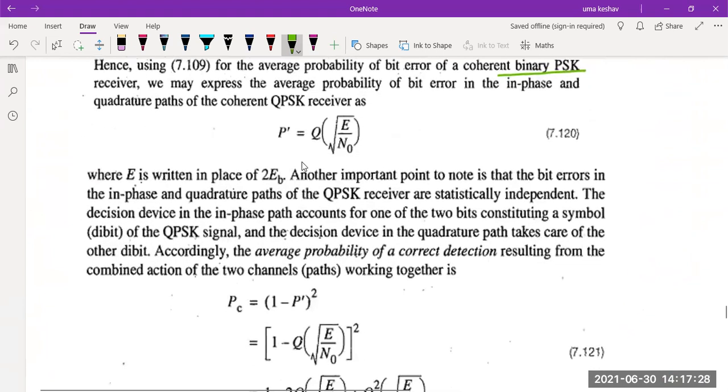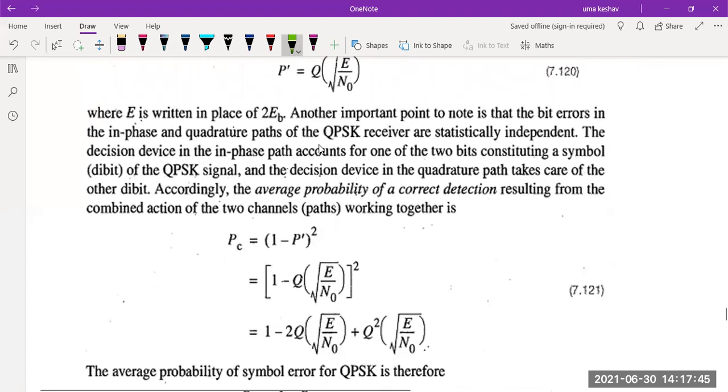And now, just like how we had defined in BPSK, we can define P dash as the probability of error, which is the Q function of root E by N0. Accordingly, we know that the decision device in the in-phase path will account for 1 out of 2 bits constituting one symbol of the dibit, and the decision device in the quadrature path takes care of the other bit.